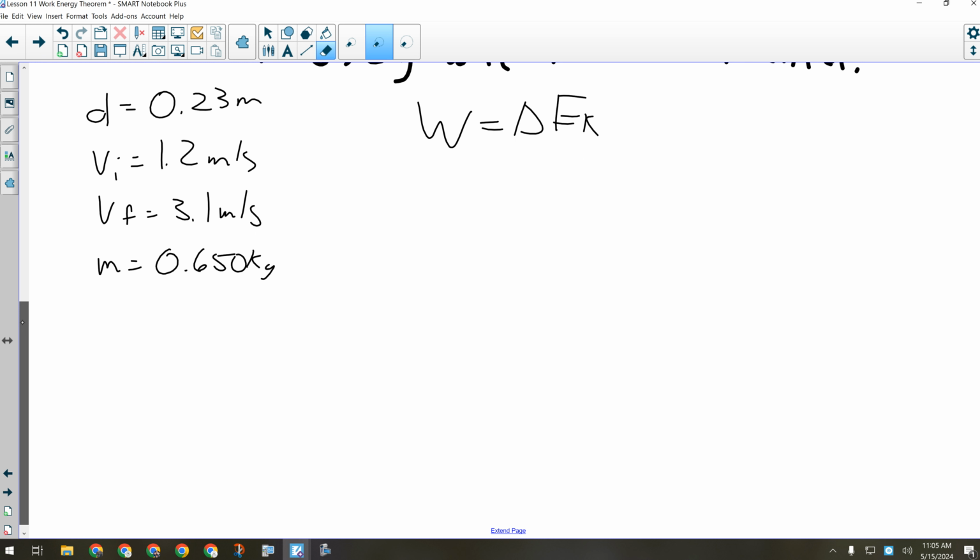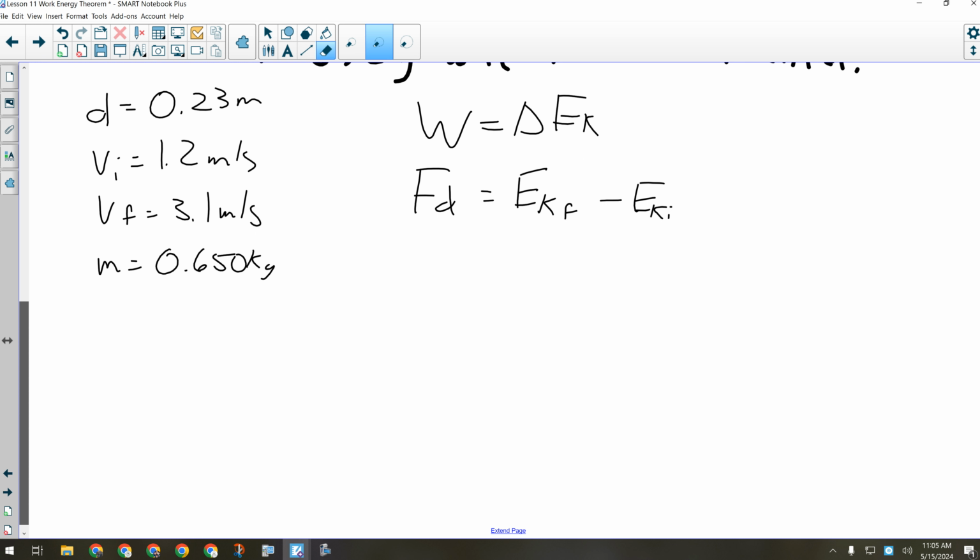They want to know how much force was needed to compress the spring. So am I going to have to put FD in for W? Yeah, I have D, they want F, I definitely have to put FD in for W. And I'm changing the kinetic energy, so that means EK final minus EK initial. Any shortcuts on this one? No. Nothing is zero here. It has initial kinetic, it has final kinetic.